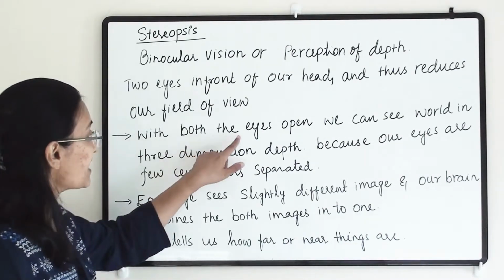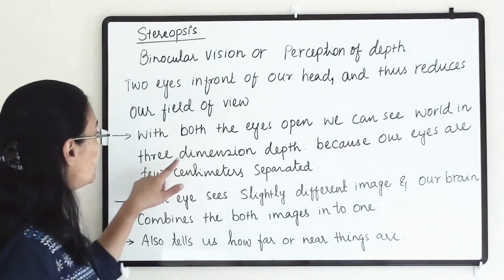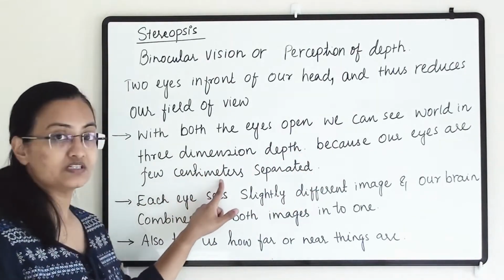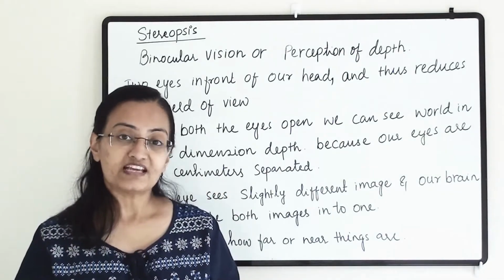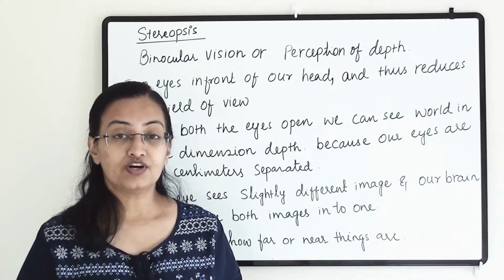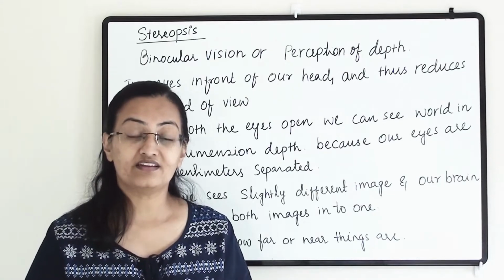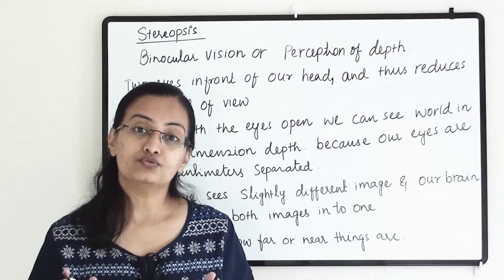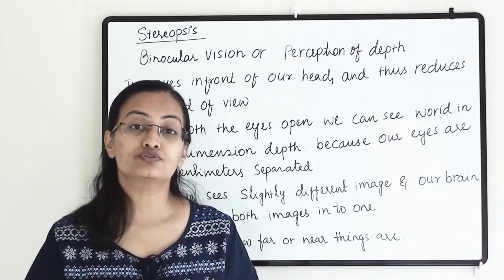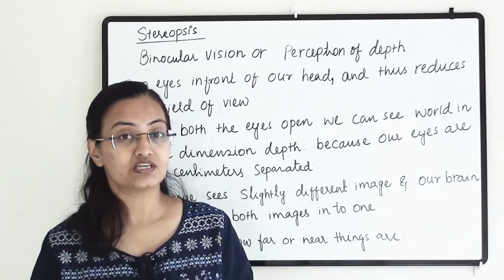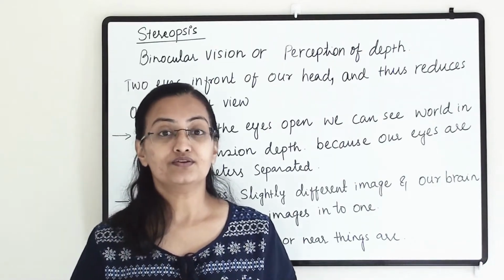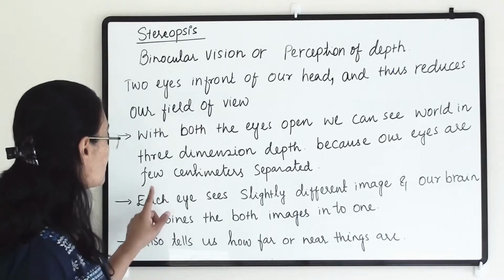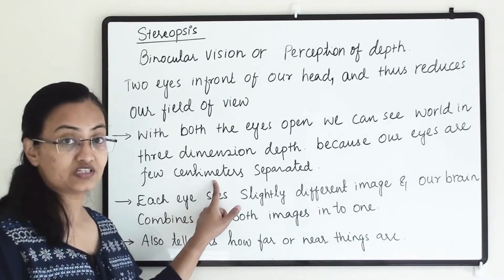Now with both eyes open, we can see the world in 3-dimensional depth because our eyes are a few centimeters apart. You can experience this yourself: close your left eye and look with your right eye, and after that shut your right eye and look with your left eye. You will see the vision is a little bit different, and that is because both eyes are a few centimeters apart.